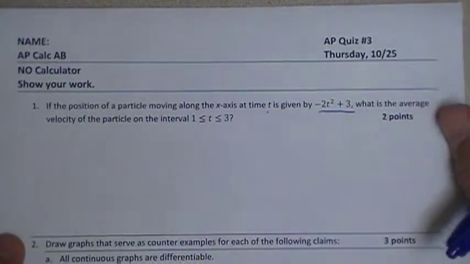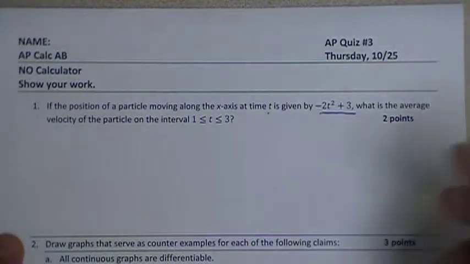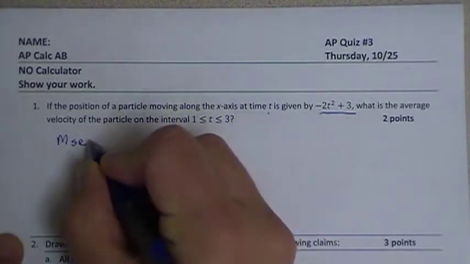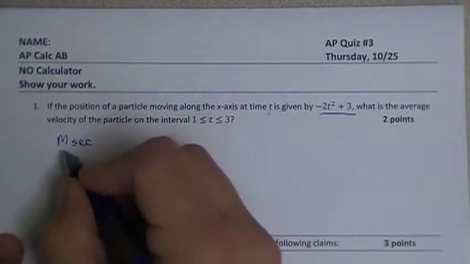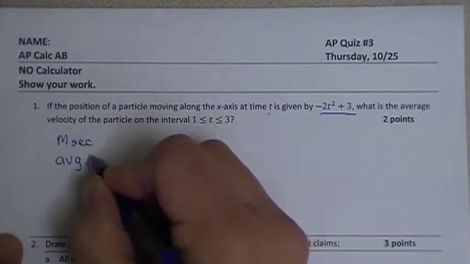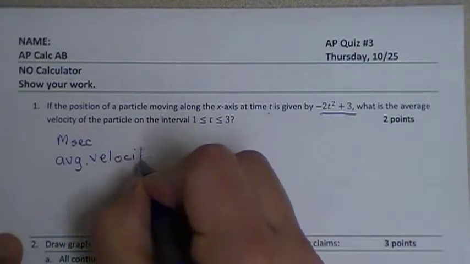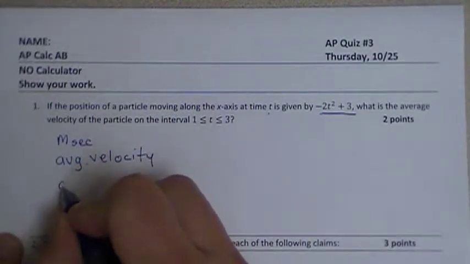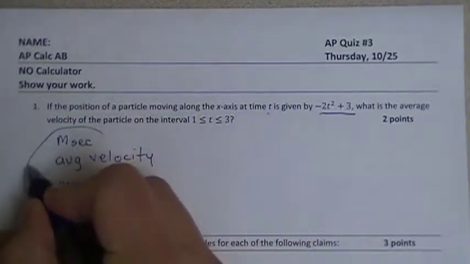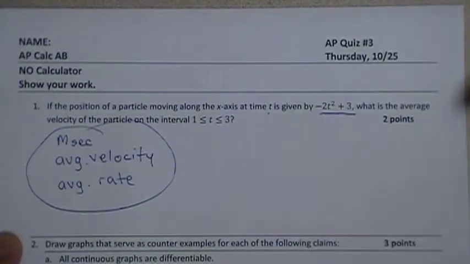Now, early on in chapter 2, we said that the slope of a secant line, average velocity, or generally an average rate of change, all of these ideas are tied to the same exact formula.